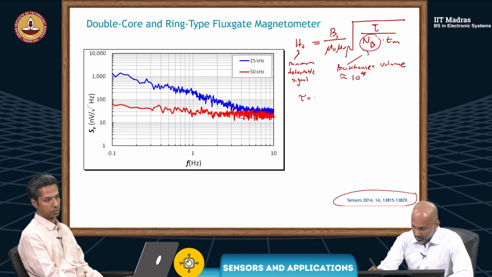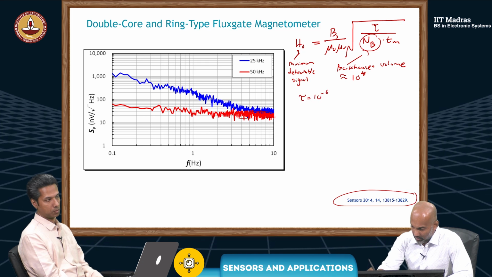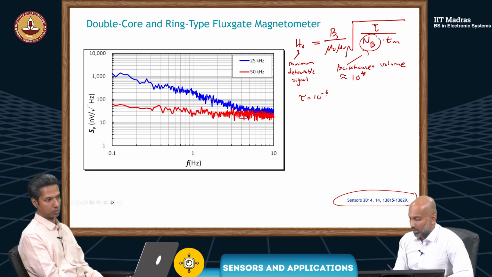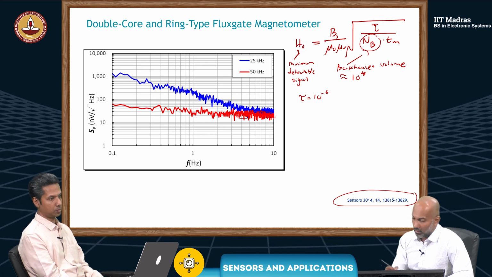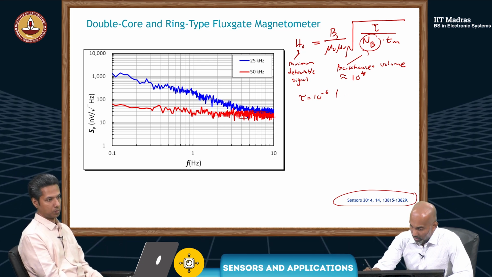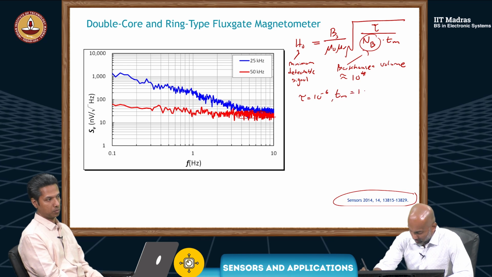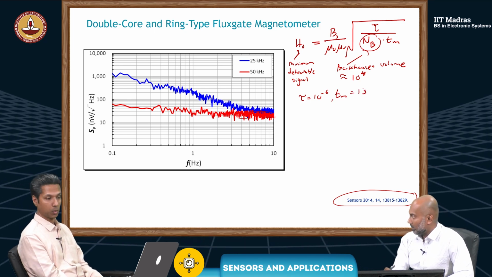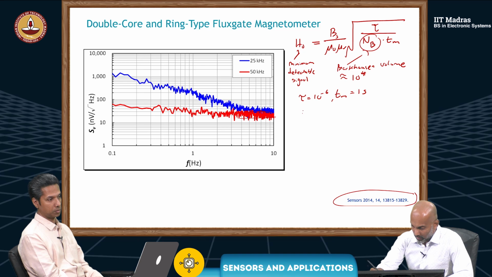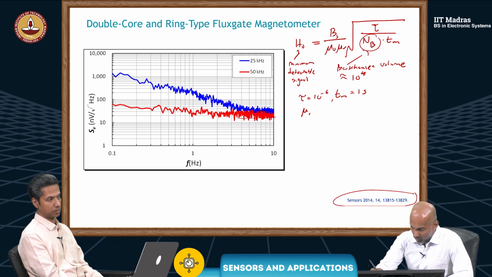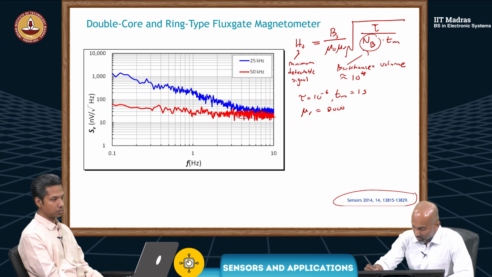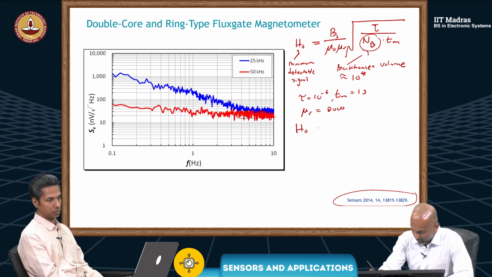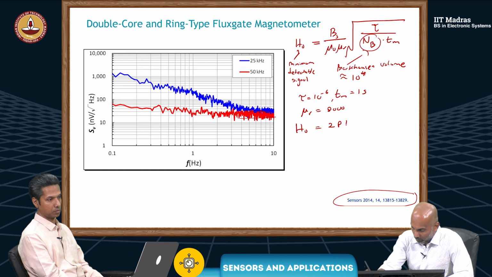So if your tau is 10 to the minus 6, that's 1,000 kilohertz. Let's say you're measuring for 1 second, and your mu r is, let's say, 8,000. Then the minimum detectable range will be 2 picotesla.